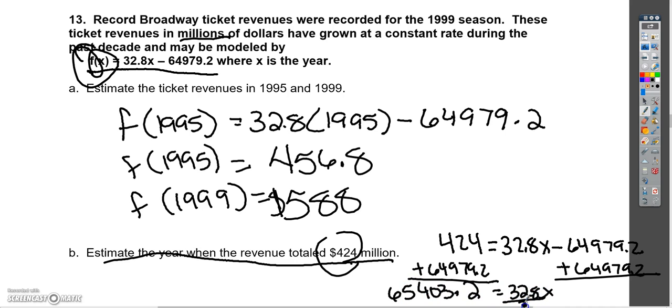And then divide by 32.8. And I get x equal to 1994. So in 1994, the estimate was 424 million.